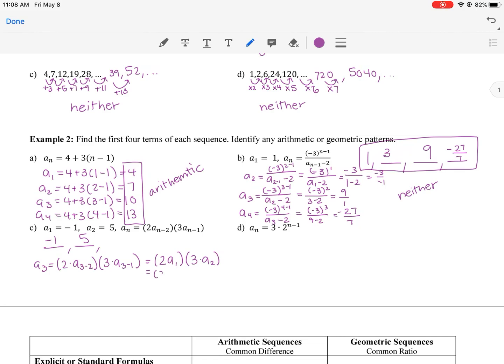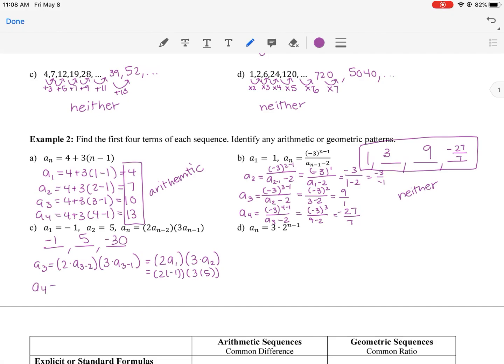So in this case, we're doing 2 times negative 1, and then 3 times 5. So 2 times negative 1 is negative 2, and then 3 times 5 is 15, so negative 2 plus 15 gives me 13.